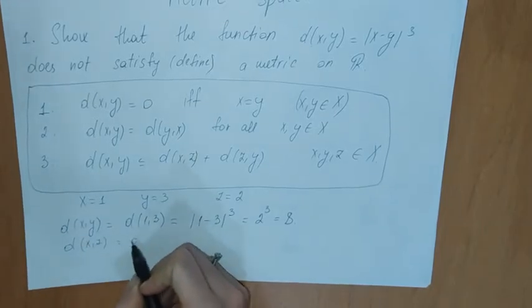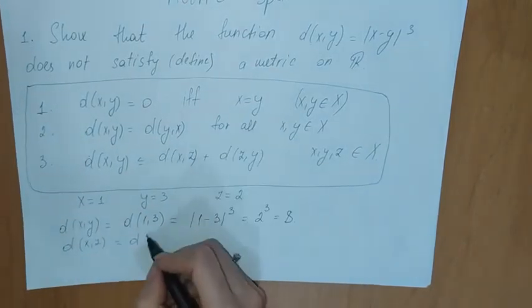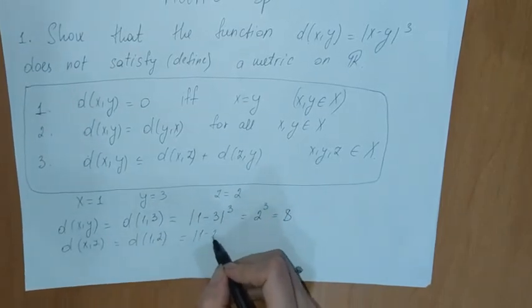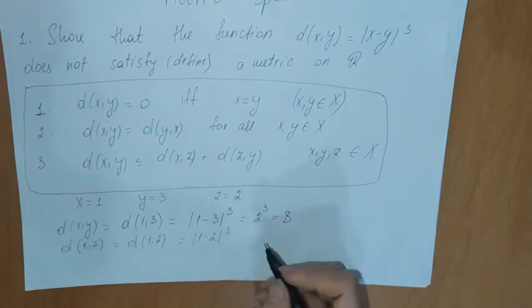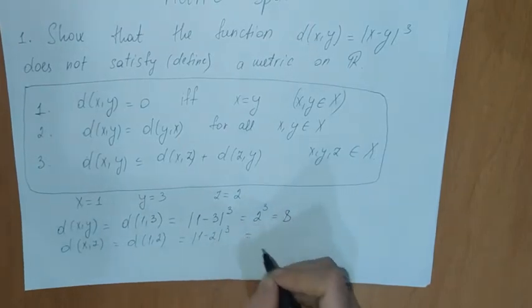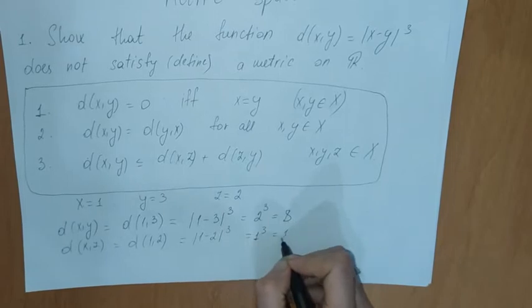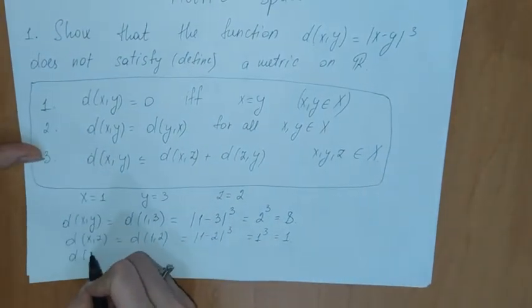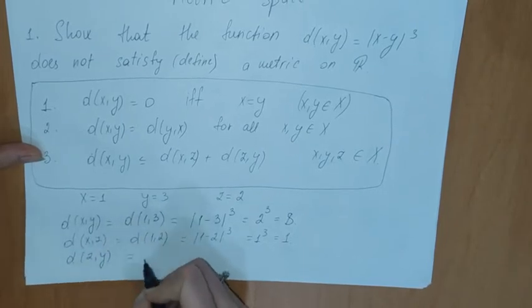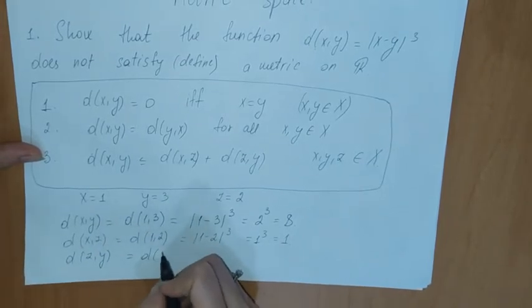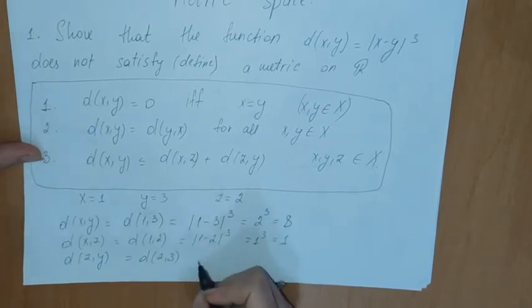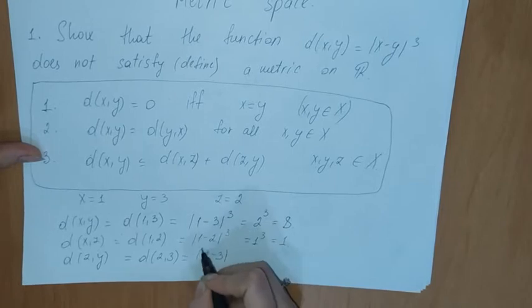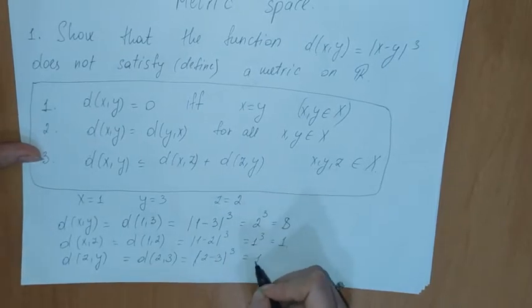This is equal to d(1,2), and we get (1 minus 2) cubed, which is 1. And what about d(z,y)? This is equal to d(2,3), and this is again 1.